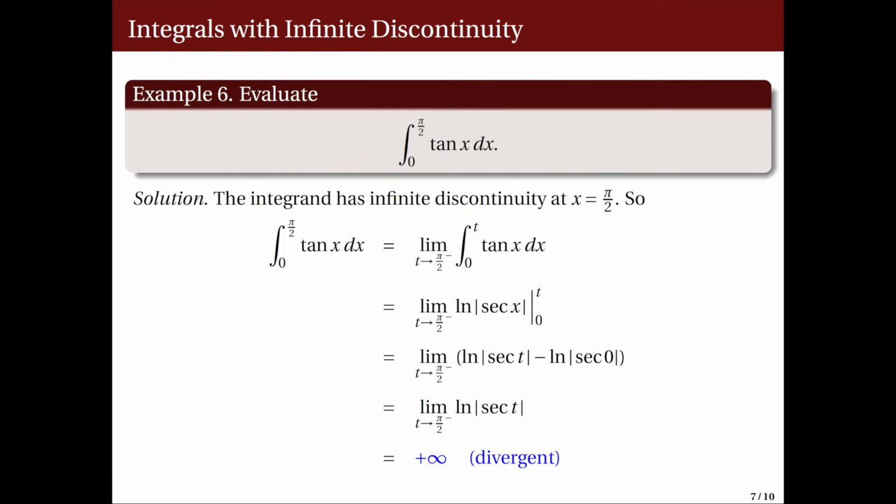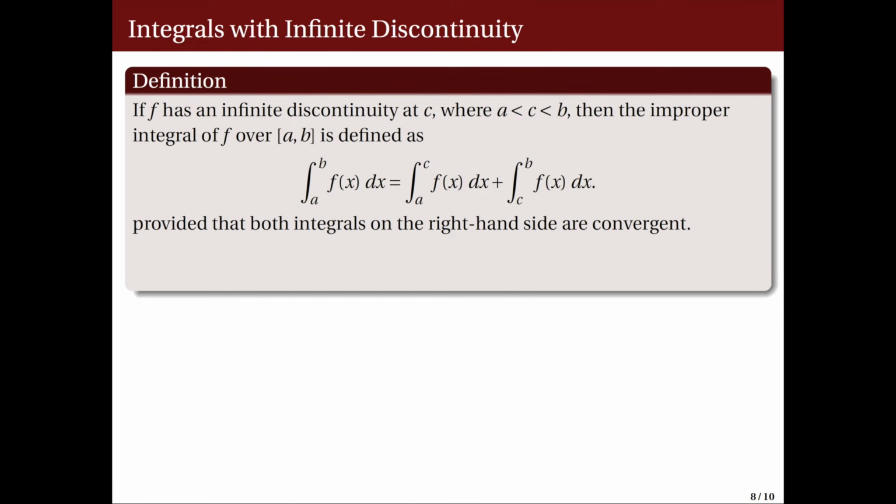Now what happens if the discontinuity is located somewhere between the limits of integration? In such case, we just have to partition the given integral into two improper integrals. If this function f has a discontinuity at a number c between a and b, and it is continuous everywhere else, we can write the integral from a to b as the sum of the integral from a to c and the integral from c to b.